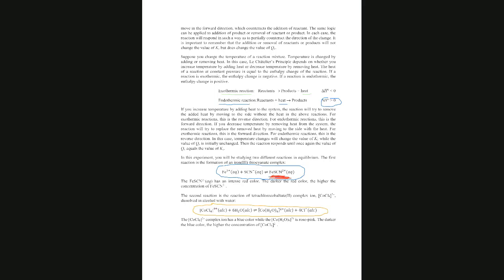What is correct is what is written here. Cobalt, Cl4, and the whole charge is -2, because the cobalt is +2. The chloride is -1. So the whole thing has a charge of -2. But that's just not to the point.